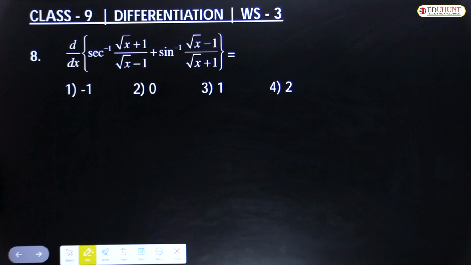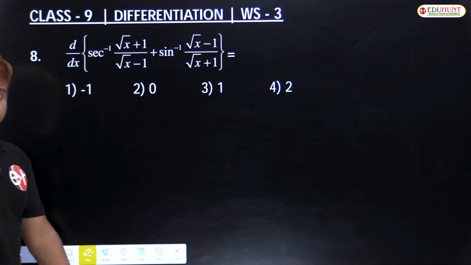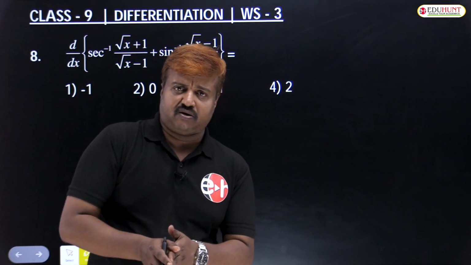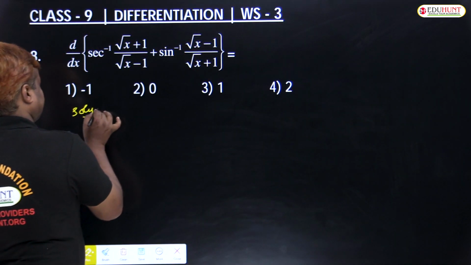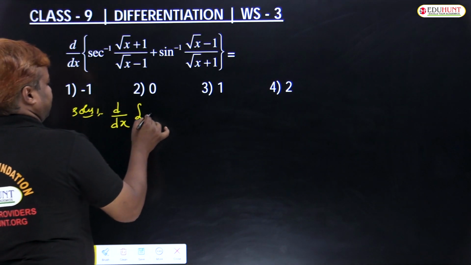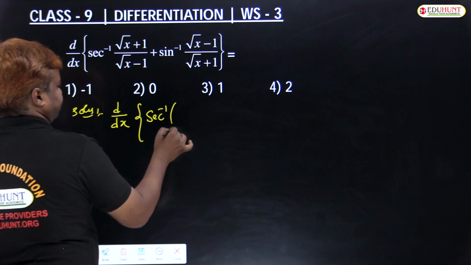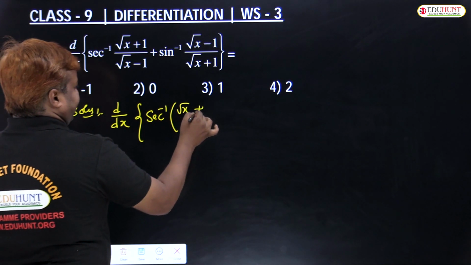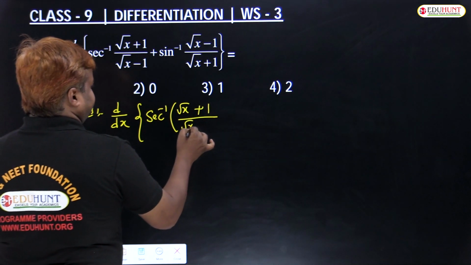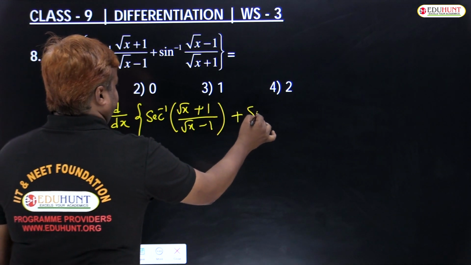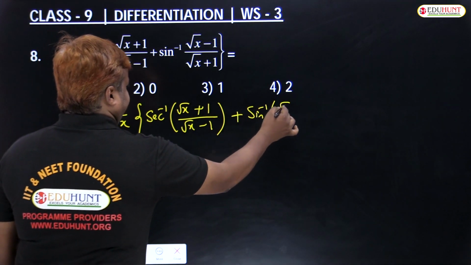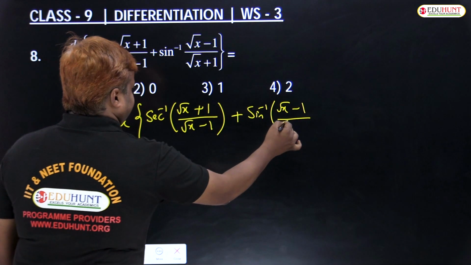Okay. So now I will convert the values as per inverse trigonometric function properties. Here d by dx of secant inverse of root x plus 1 by root x minus 1 plus sin inverse of root x minus 1 by root x plus 1.